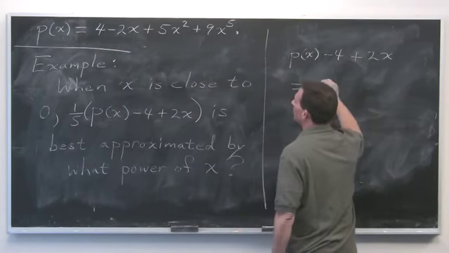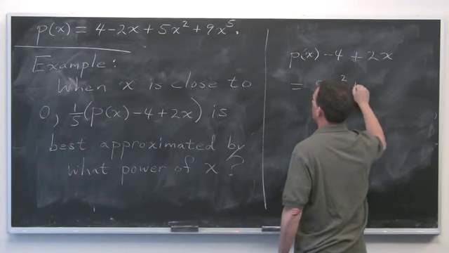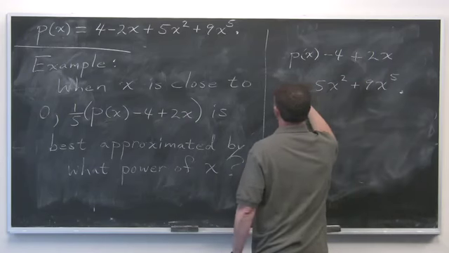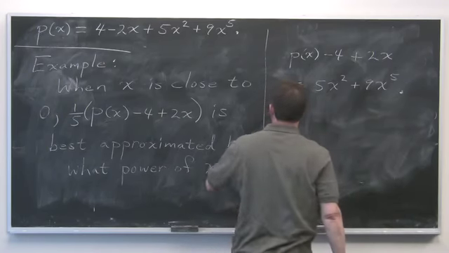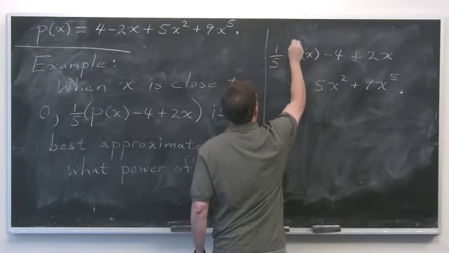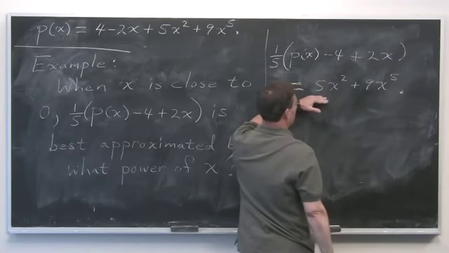This equals 5x squared plus 9x to the 5th power. So if I take 1/5 of this, then I'm taking 1/5 of this side.